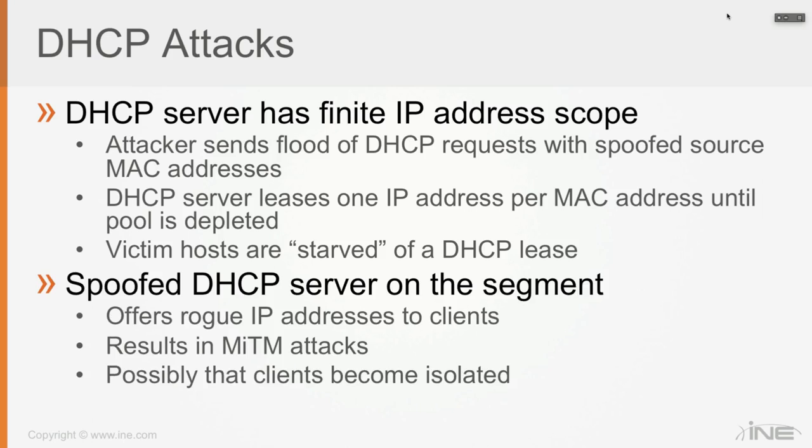Another attack is that a spoofed DHCP server shows up on the segment. Now the attacker actually starts a DHCP server on the segment and offers rogue IP addresses to the DHCP clients, which can result either in a man-in-the-middle attack, or clients becoming isolated.